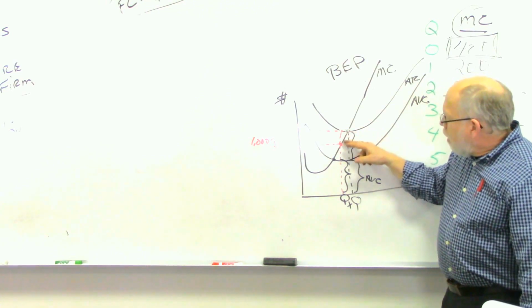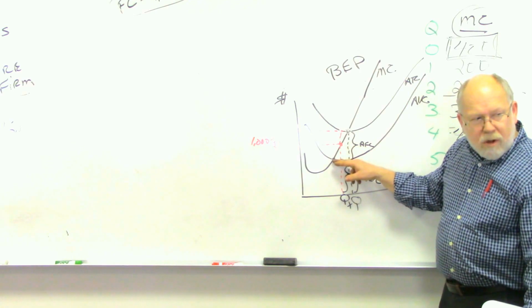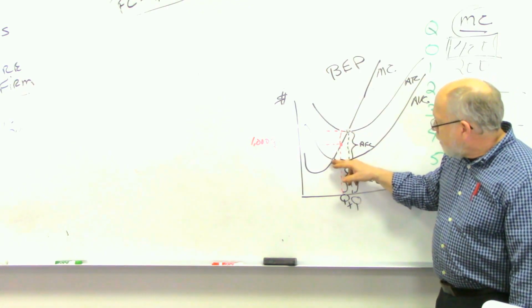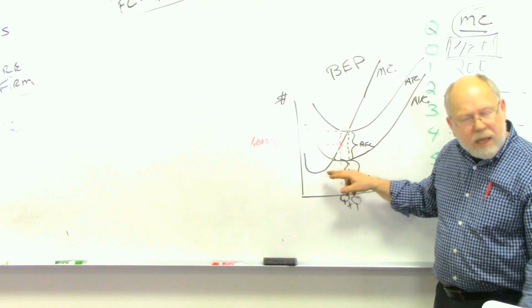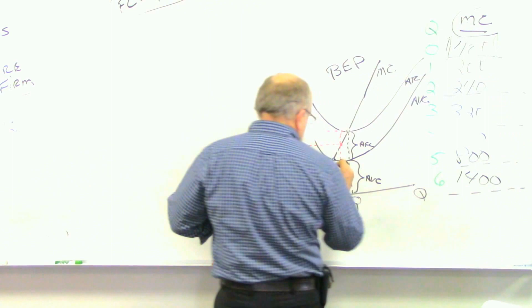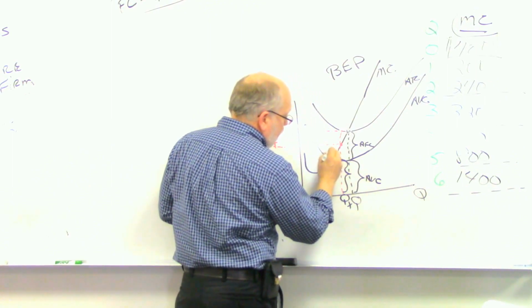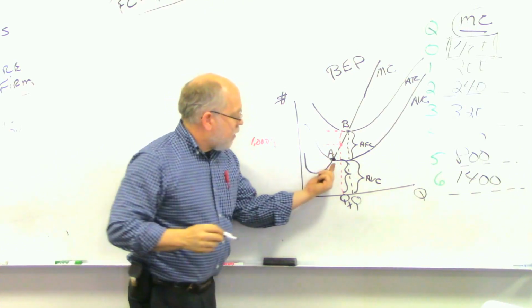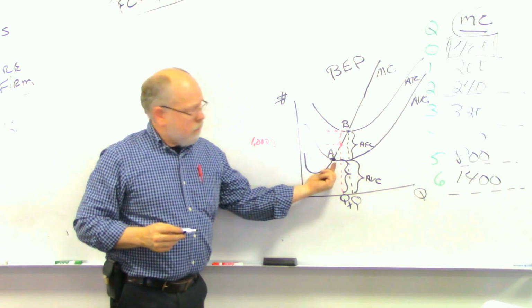Now, what if it comes all the way down to the bottom of the average variable cost curve? We can't pay any of our rent. That's coming out of our pocket. And now we can't even pay all of our help. We can't even pay for all the materials. At that point, right here, call it point A. Call this point B. Point A is the plant shutdown price level.